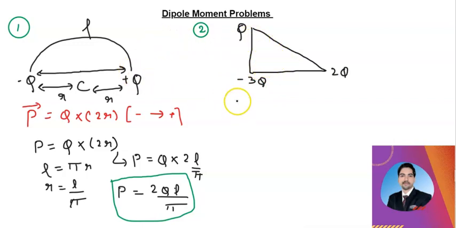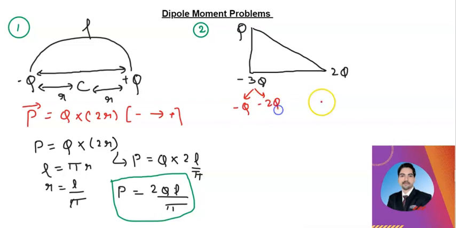So it's very simple. For making a dipole moment, charges should be equal and opposite. The magnitude should be the same, but the sign should be opposite. So first of all we have to make this a dipole. This minus 3q coulomb charge, we can write as minus q minus 2q.